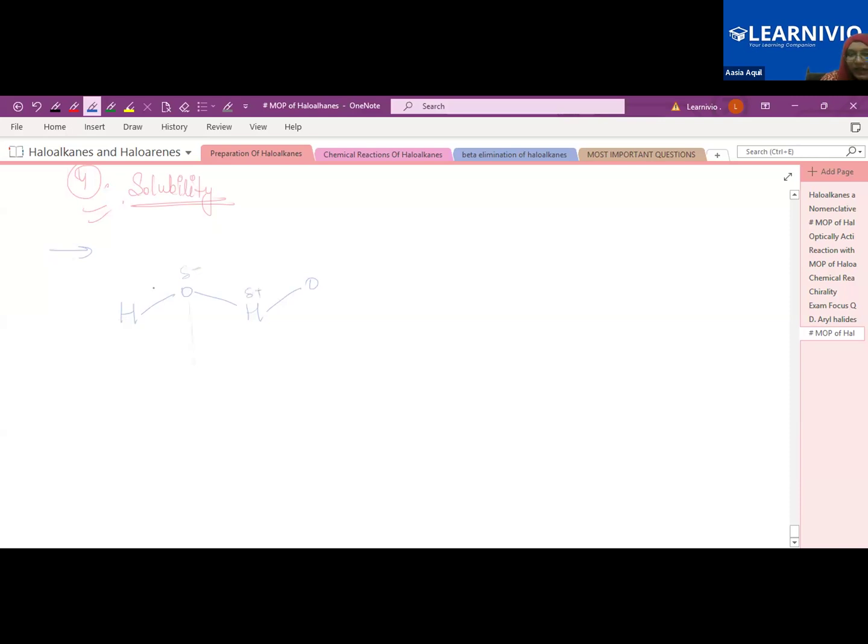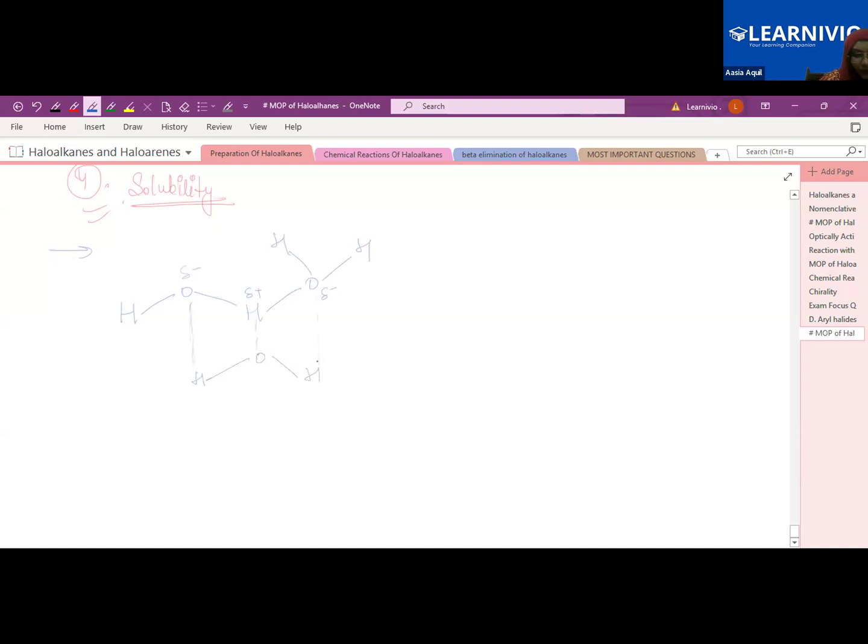This is the water molecule H2O. Another H2O will come and make bonds with this water. This oxygen again has a negative charge and this has a positive charge, so this oxygen will make a bond with this hydrogen. This is known as hydrogen bonding, right? Again, this oxygen has a negative charge, so it will make a bond with this hydrogen. That's how the bond formation occurs in water.